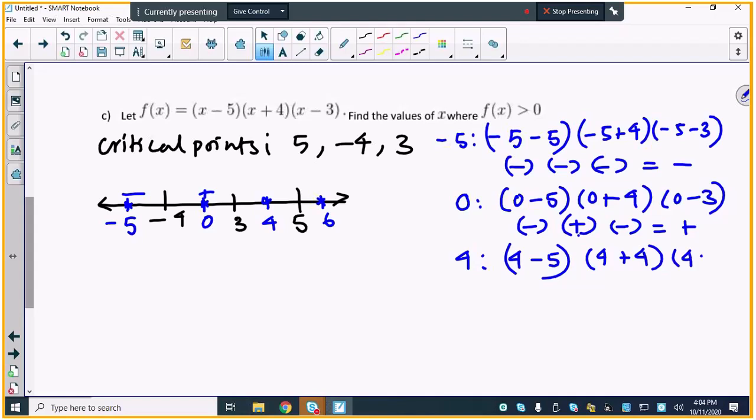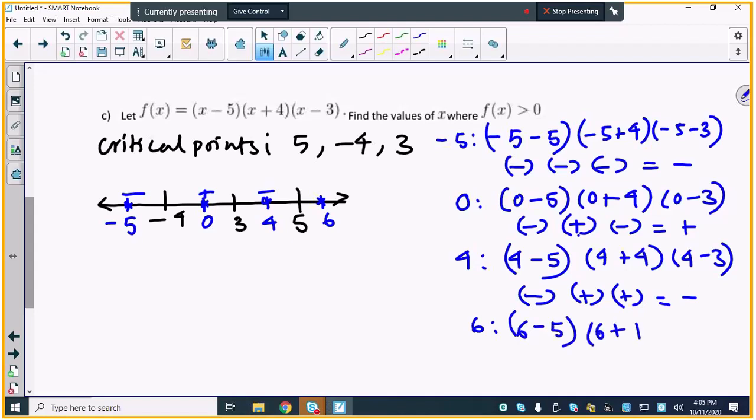So the first one is negative, and the other two are positive, so sign should be negative. And then for 6, I will get 6 minus 5, 6 plus 4, and 6 minus 3. And this time I see that all three of them are positive terms. So when multiplied, you will get a total positive as well.